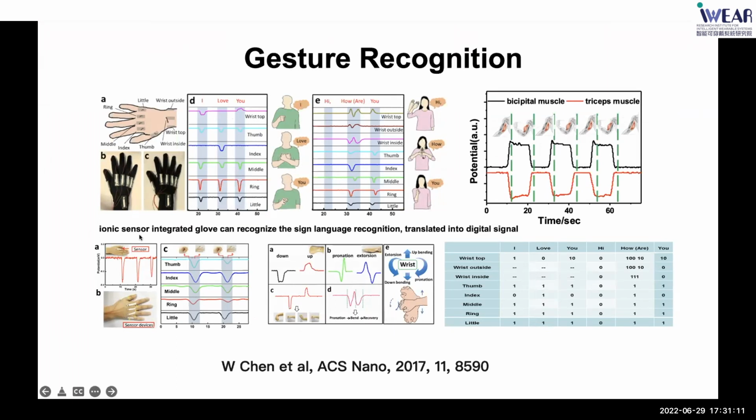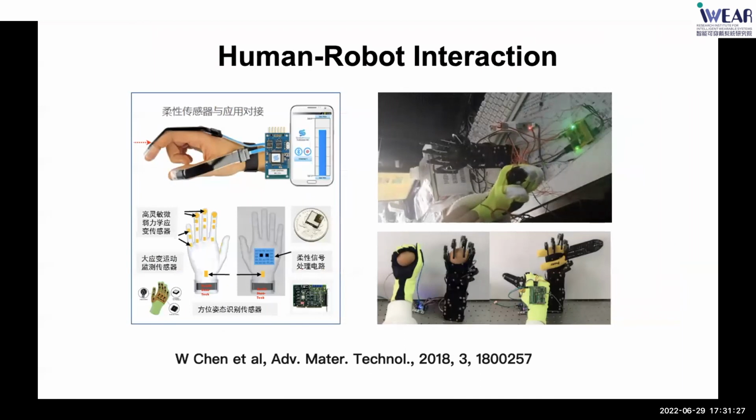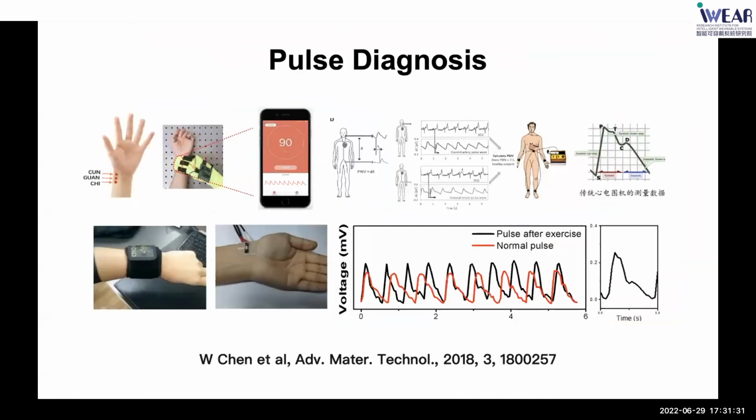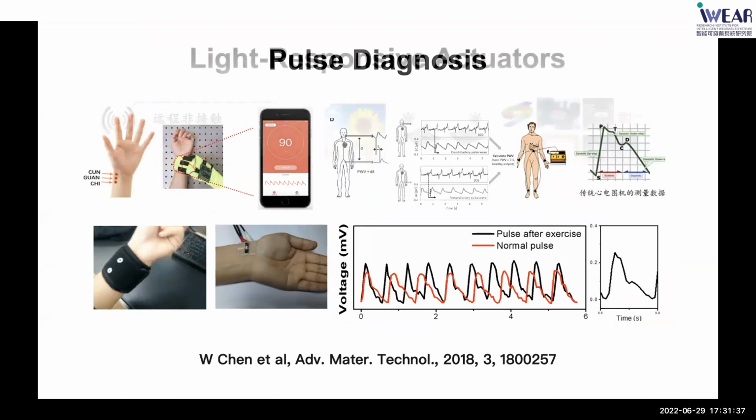The main reason, due to the time limit, is that the glove can detect the finger motion and the wrist motions, and can combine these signals to recognize the sign languages. And we can also use the glove to control a robotic hand and detect our pulse for diagnosis purposes.